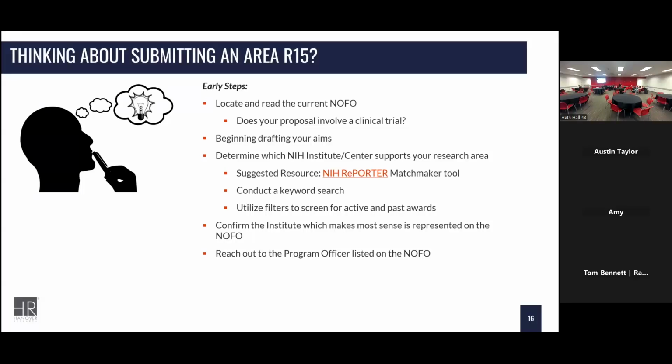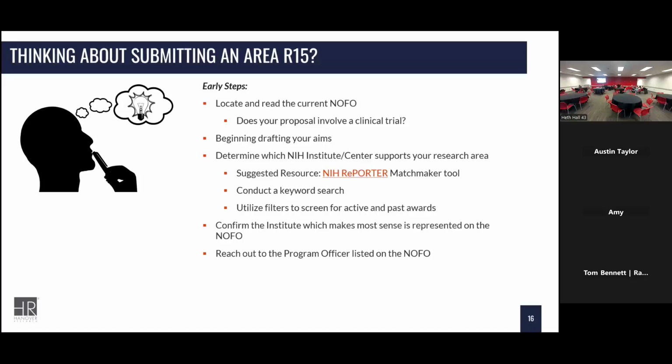So there might be a new one now and it can be due in 30 days. So you'll want to reference whatever that current one is. You want to begin drafting your aims. You want to begin communicating outward at your institution or across institutions, however it's relevant, because you'll definitely want some support. You want to have another set of eyes on what you begin to develop.